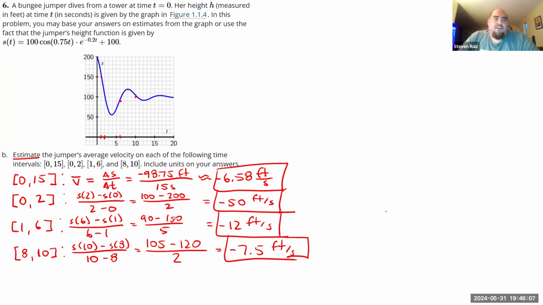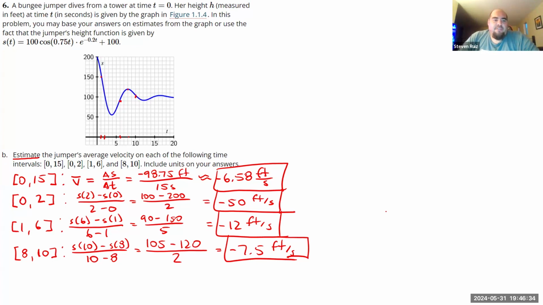The output values are height, so some vertical position, and the input values are time values. So what do you get when you divide a position by a time span? That's a velocity. In this case, it's an average velocity because I don't care about what's happening in between the two endpoints. I just care about what's happening at the endpoints.